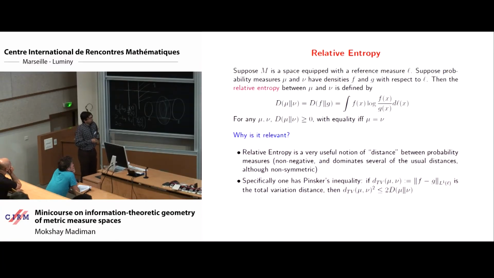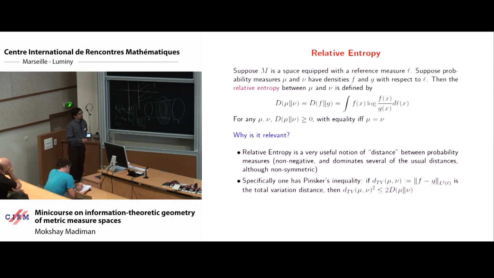But one reason it's useful is because it dominates several of the usual distances that people consider on the space of probability measures. So for example, one has Pinsker's inequality, which says that if the total variation distance between mu and nu is defined as the L1 distance between the densities, then the total variation distance squared is bounded by twice the relative entropy.